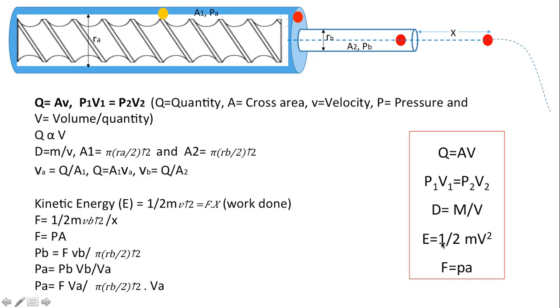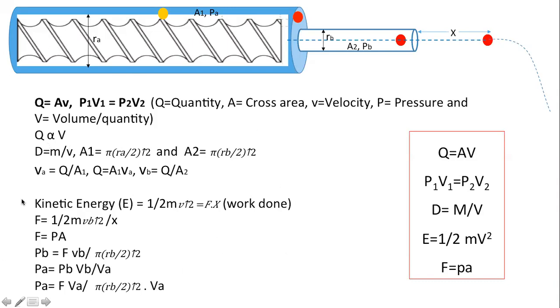E equals half mv squared. That's kinetic energy. F equals P multiplied by A. P means pressure, A again cross area. So I have used these 5 equations and developed this equation.